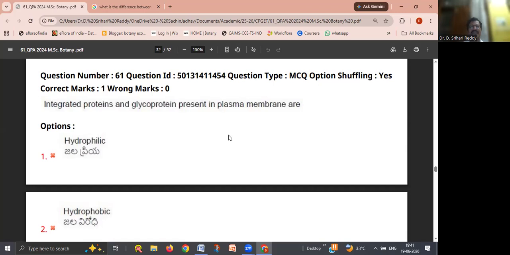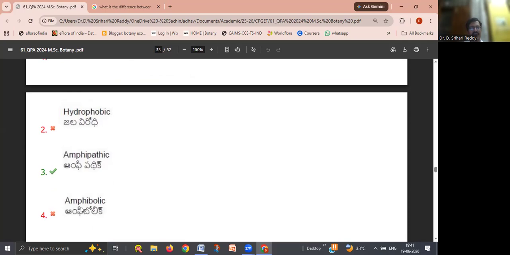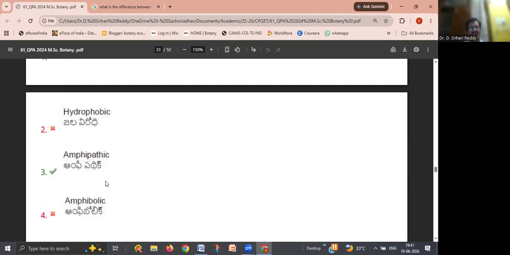What is the main thing here? Hydrophilic, hydrophobic, amphipathic, amphibolic. Actually, amphibolic is not at all a related answer. We can exclude it immediately. Amphibolic is not related here, so we have to exclude it immediately.